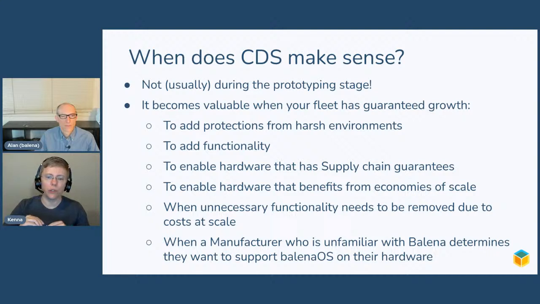And you're also going to start to benefit from economies of scale. So, it's great that you've got 100,000 devices, but at that point, 10 cents matters. So you might want to remove anything that you don't need, and then save more money as you grow.